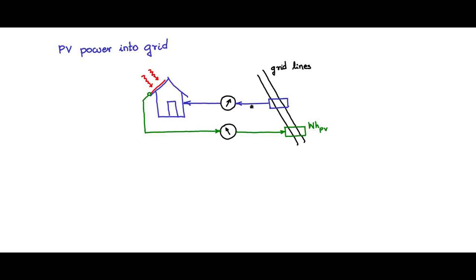And let me call this watt hour load, the energy that will be consumed by the appliances within the building. If the PV power was not there, we would be only consuming the watt hour load amount of energy on a daily basis or monthly basis and paying for that depending upon what is metered.